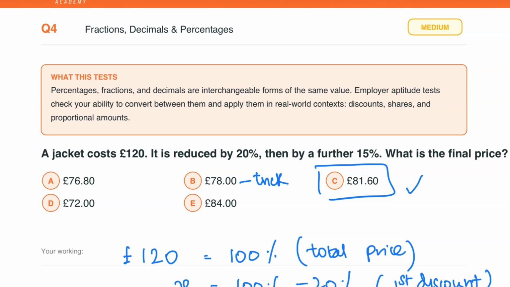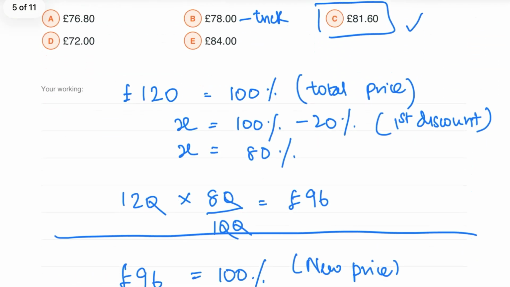But that is not how we do it. First, we need to get the initial 20%. Then from the new price, we need to get a further 15%. That's how you do it. You do not combine the two percentages. This is a good question, with a common mistake students make.